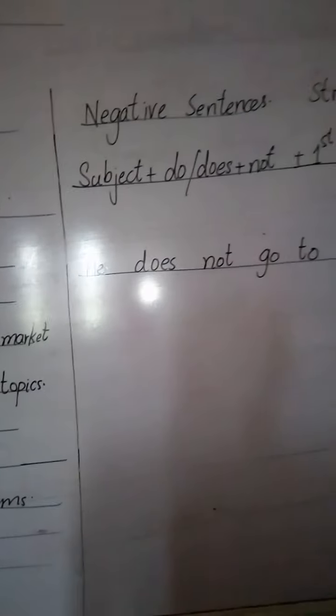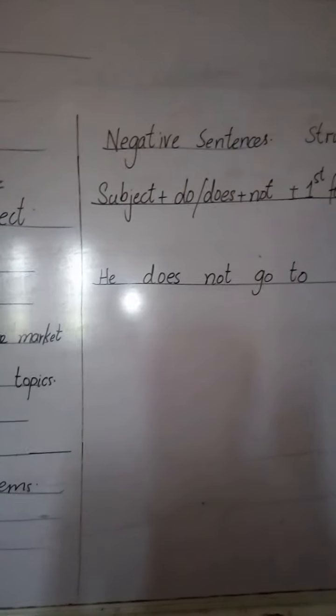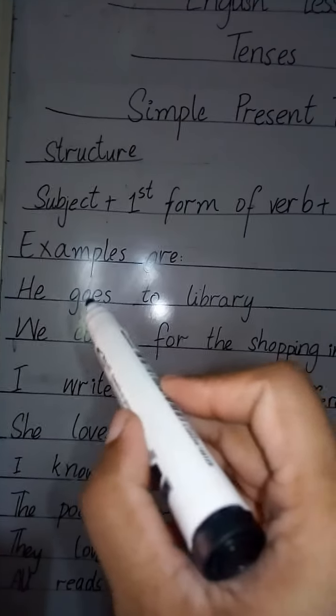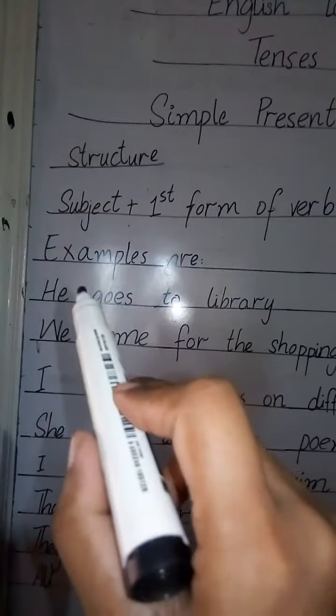We add es with he, she, it, as firstly we added s or es with the verb. Now we just add does with he, she, it, or a singular name. If a singular person name comes, then we add does.